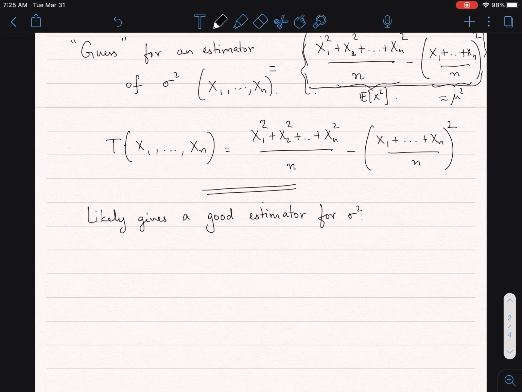So the question is: is T an unbiased estimator for sigma squared?